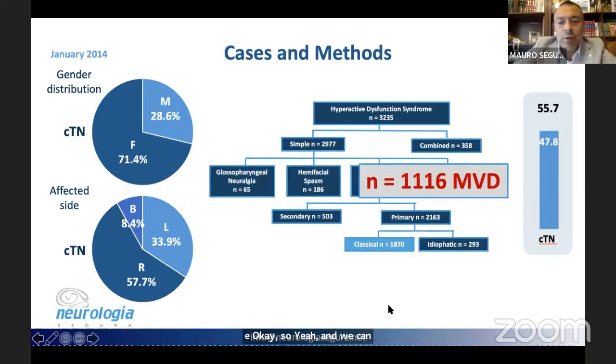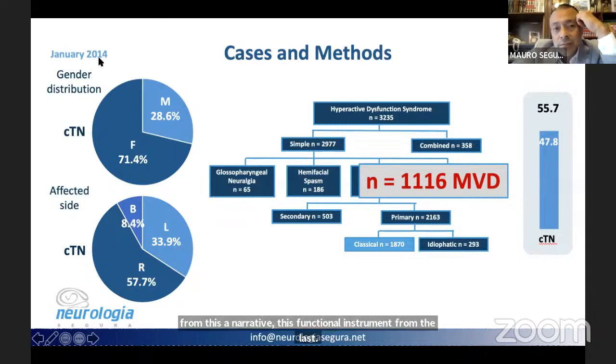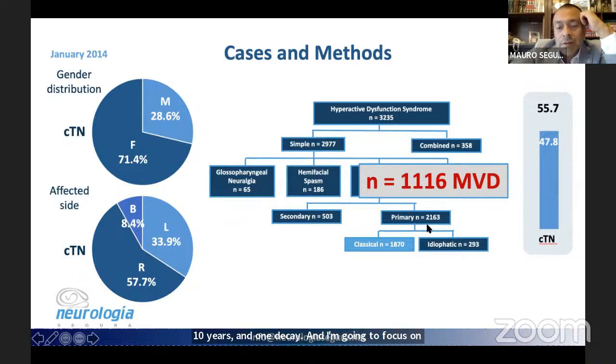As we can see, this is our experience with this hyperactive dysfunction syndrome from the last decade, and I'm going to focus on primary trigeminal neuralgia, or primary hyperactive dysfunction syndrome.